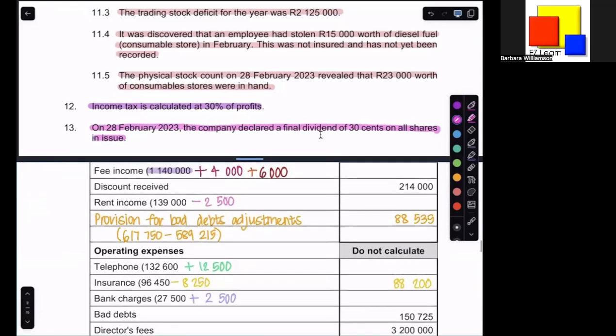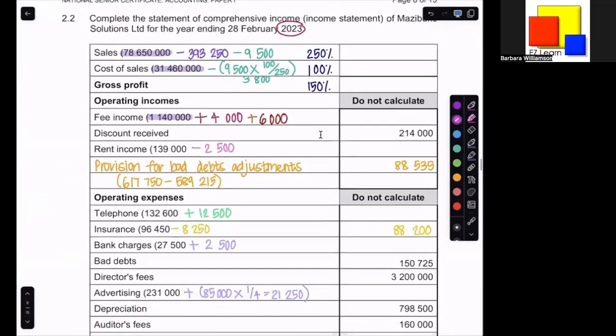Once you've done that, you've used all of the information, and now we can go and simply do all of our adding and subtracting and totaling. Your sales figure should come to 78,247,250.